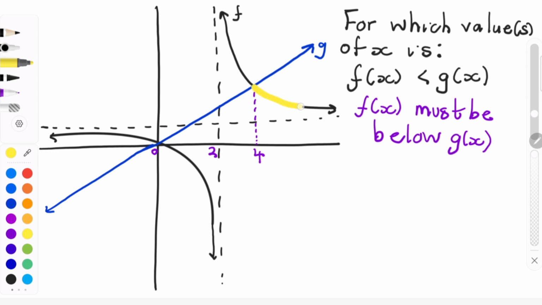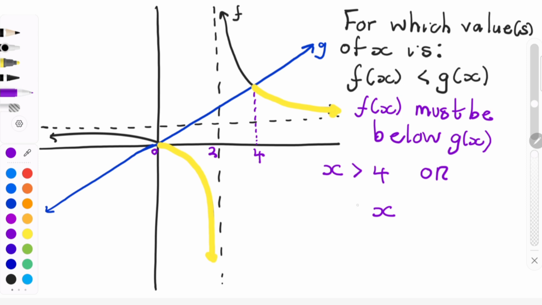Over here, it's below, and here as well, and everywhere else f of x is above. So that would be where x is greater than 4 or when x is greater than 0 but less than 2.